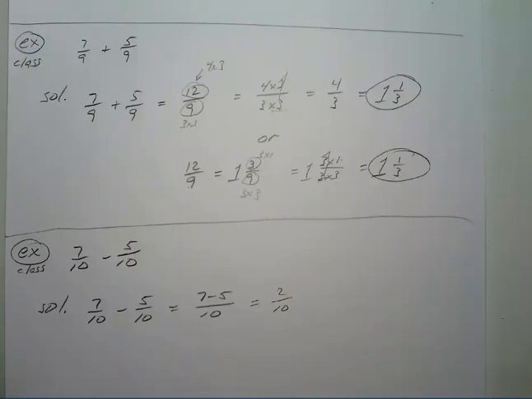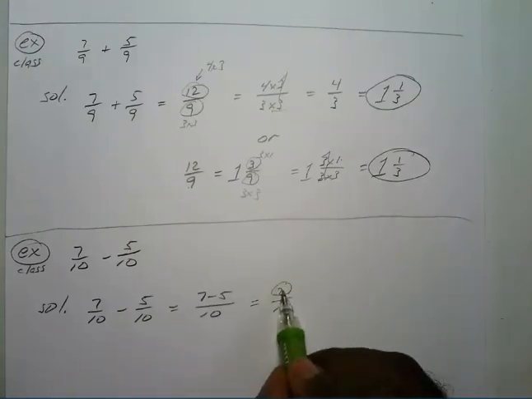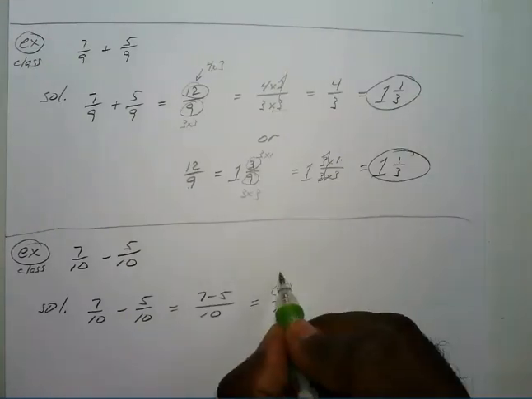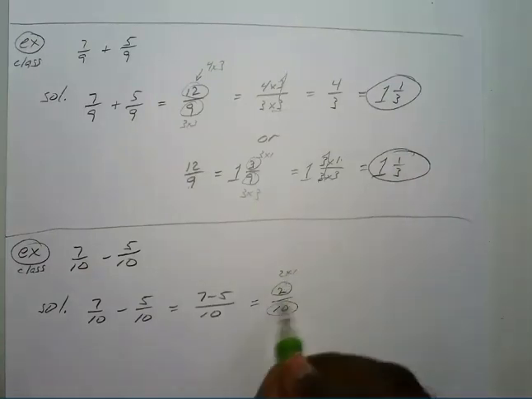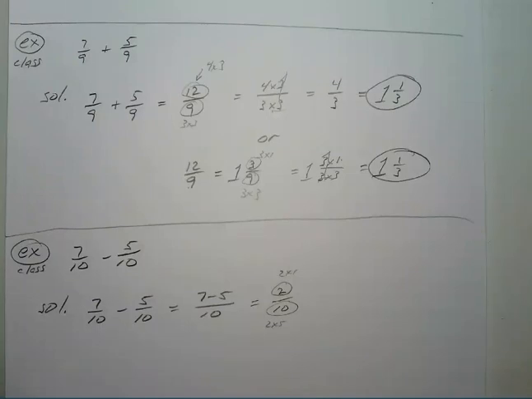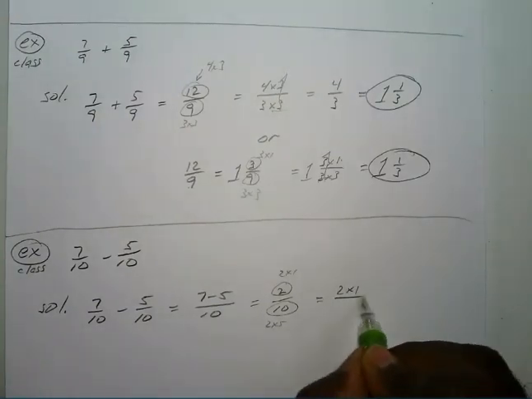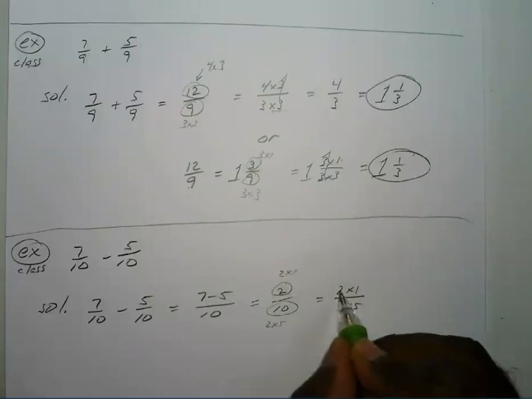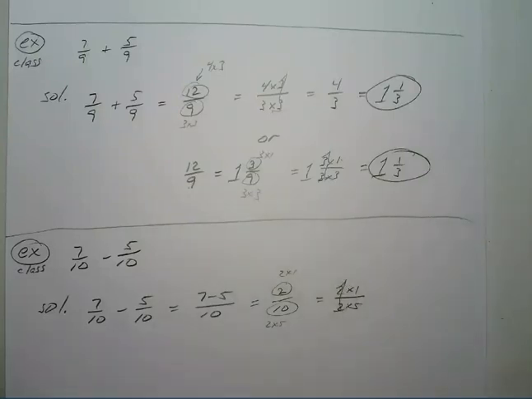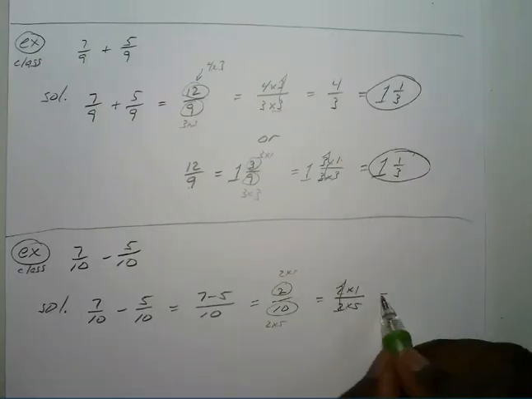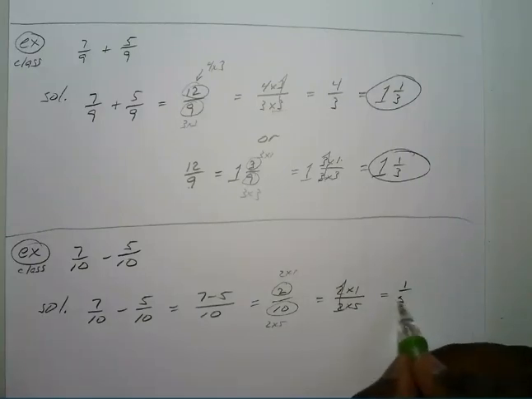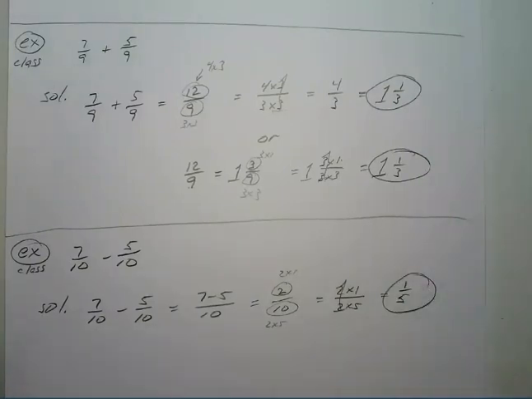Okay, so we're not done yet because 2 is 2 times 1, and 10 is 2 times 5. So we have 2 times 1 over 2 times 5. Anything divided by itself is just 1. So we have a final simplified answer of 1/5.